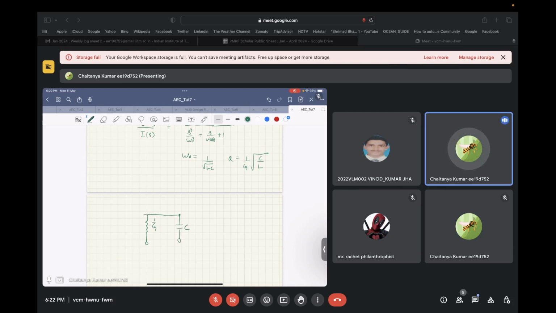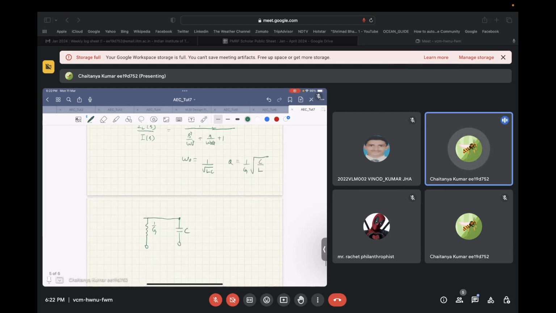And this current source, we can use, let's say, a transconductor of value G with an input of Vi over here. So this will give you GM. Okay, let's call it G only. So G times Vi current it will give.